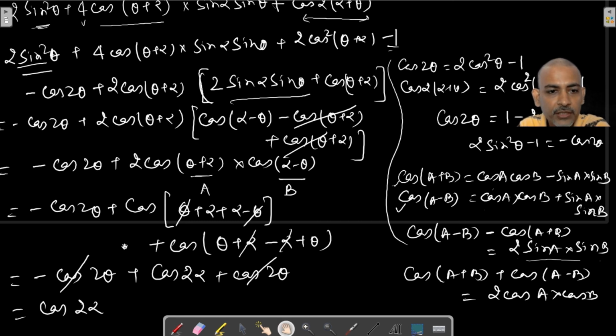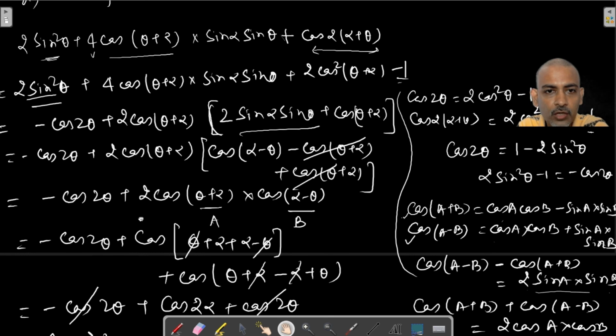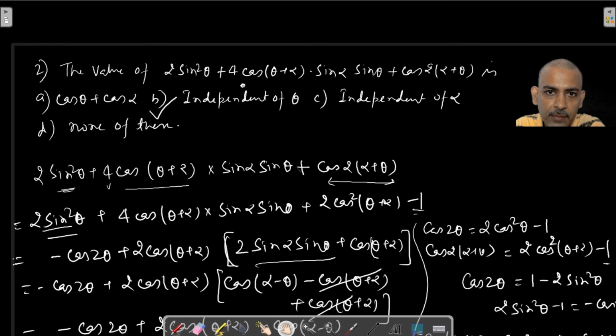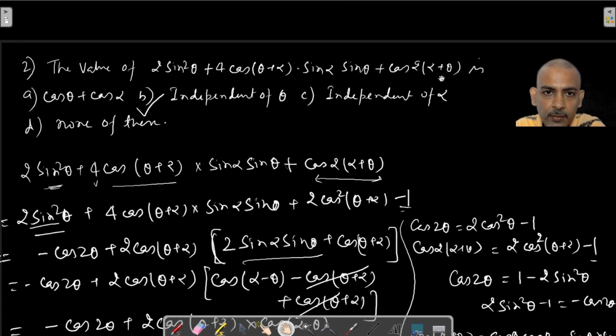Now this expression is reduced to cos 2 alpha, which does not have theta at all, so this is independent of theta. This is going to be my answer. In this question the clues were the odd-looking term 4 cos theta plus alpha and this cos 2 alpha plus theta, so it looked like if I reduce it to 2 cos square theta plus alpha, something will come out as common, and this 2 sin square theta will club with something.